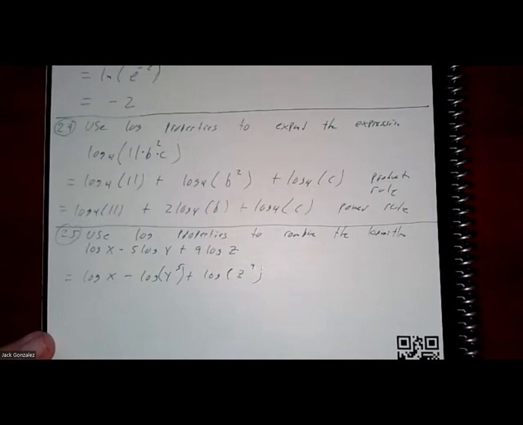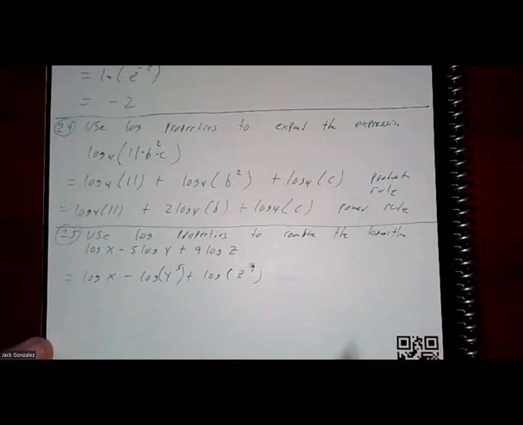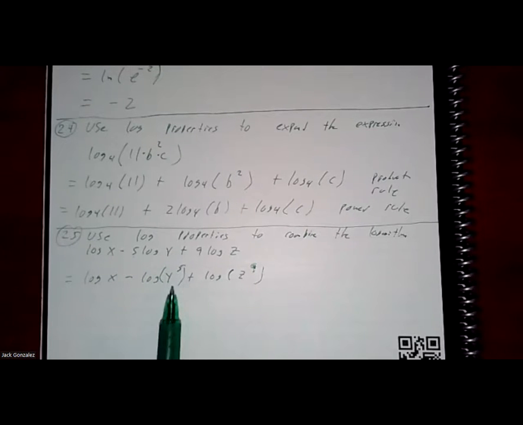And why do we have to move them to the top? It's just the order of operations. If you remember the product rule, you can't use it when there are numbers in front.